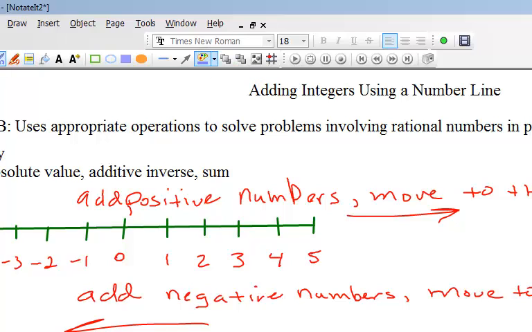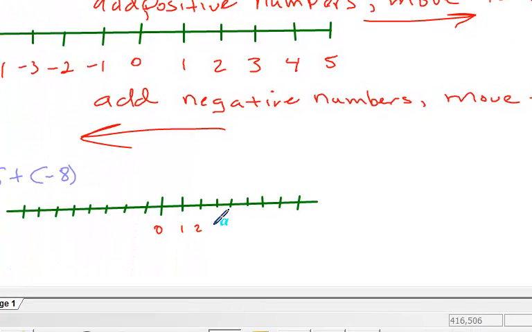I'll take a different color. So 0, 1, 2, 3, 4, 5, 6, 7, 8, and -1, -2, -3, -4, -5, -6, -7, -8.